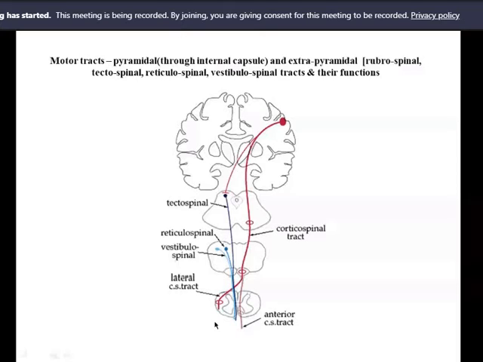And when it is spino something, spinocerebellar, spinothalamic, lateral spinothalamic, anterior spinothalamic, it is a sensory tract. Am I clear?